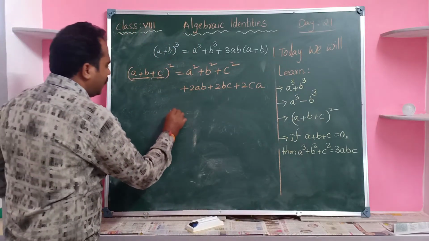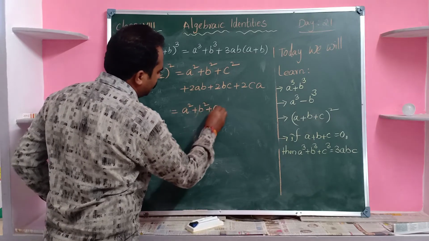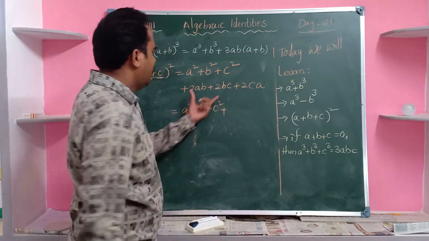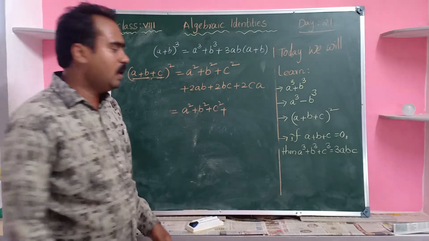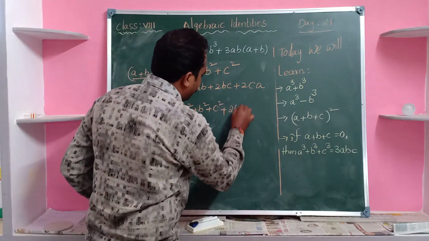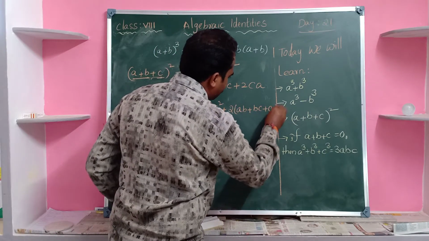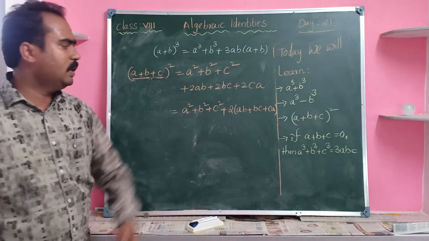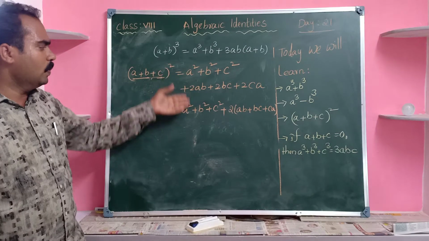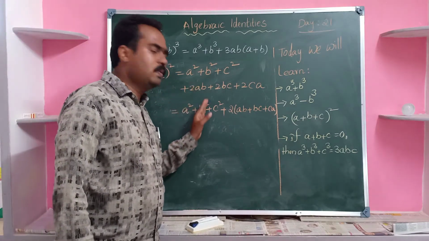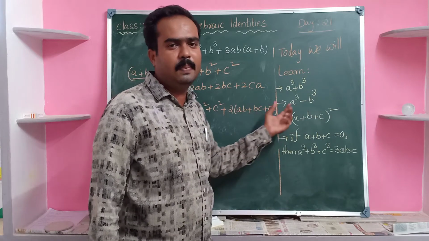This can be written as a square plus b square plus c square plus, in these three terms 2 is common. If I take 2 as common, then 2 into (ab plus bc plus ca). So (a plus b plus c) whole square is equal to a square plus b square plus c square plus 2 into (ab plus bc plus ca).